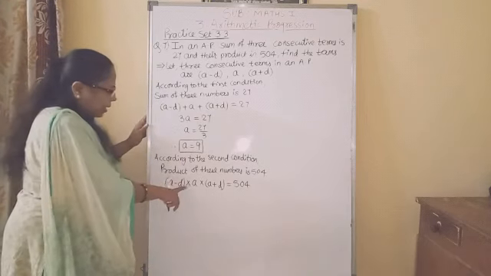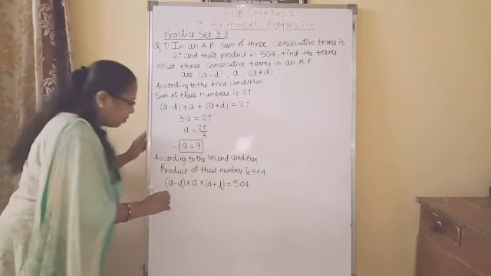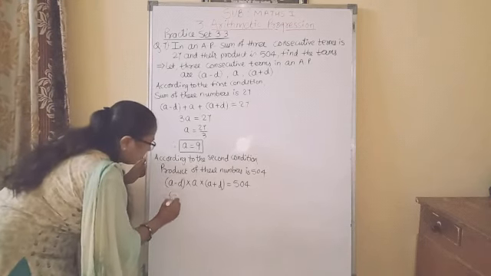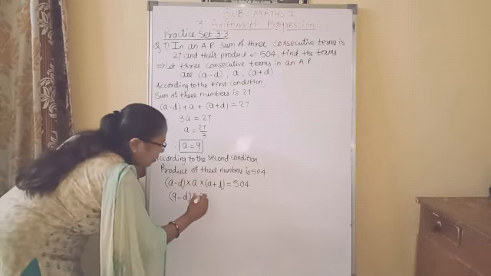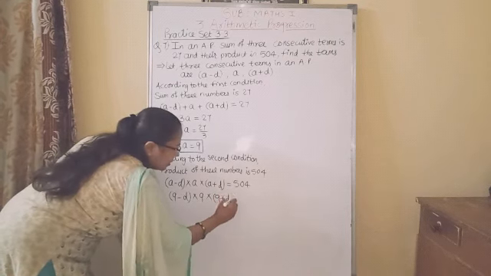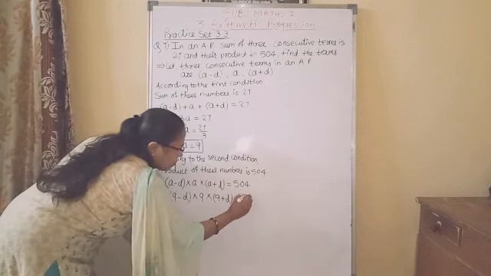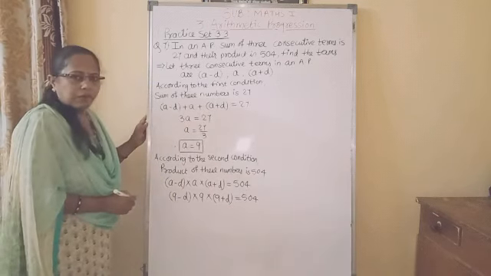Okay. Now here we got the value of A, so we will substitute the value of A. A minus D means 9 minus D into 9 plus D is equal to 504. Followed up to this.